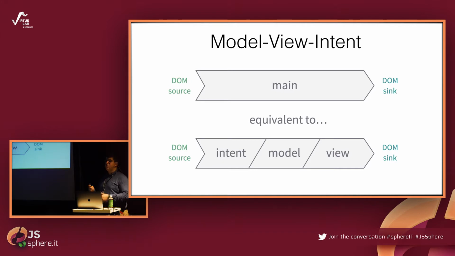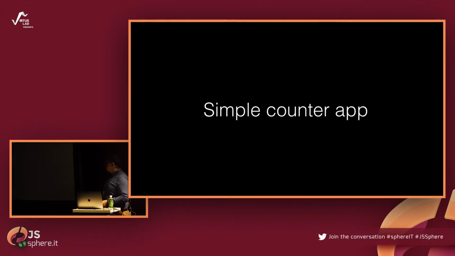It's used to combine and create streams, to parse the streams that run into your function. Then you have model, where you do some calculations to create a new stream from those that are coming from the source. And then you have view, the place where you prepare the stream to be returned back to the DOM or HTTP.